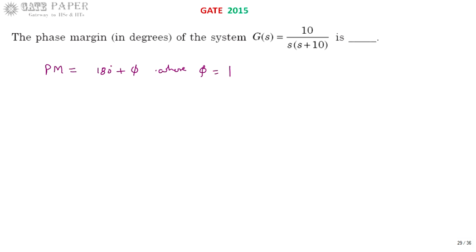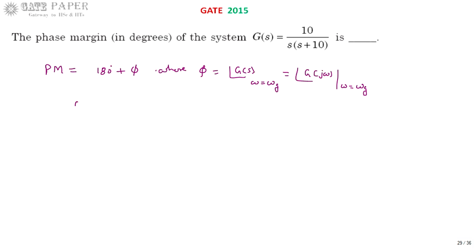Phi is the phase angle of G(S) at the gain crossover frequency, that is omega G, also specified as omega Gc. So we must write S in terms of j omega first, then substitute omega as omega G. And what is meant by gain crossover frequency?